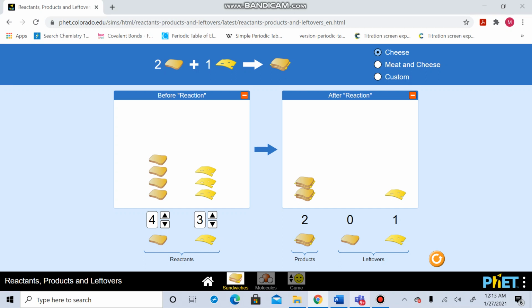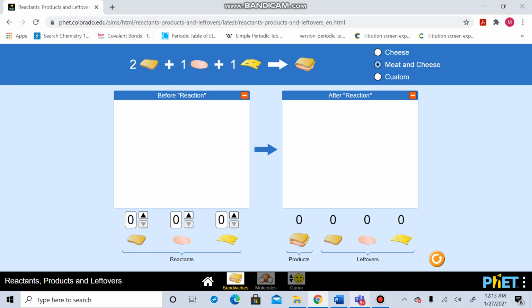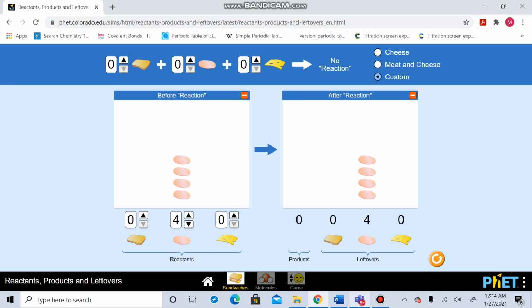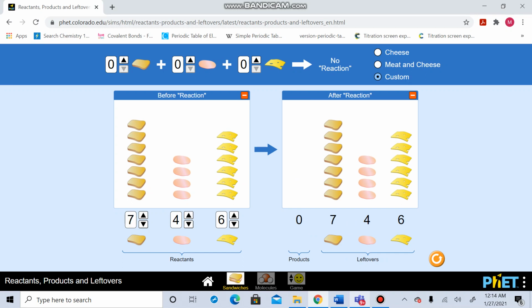And after that, they can also make sandwiches of meat and cheese and bread, and they can customize it. Students would figure out that no matter how much they increase the number of cheese and bread and meat, they're not going to get a product unless you have a minimum of each reactant.